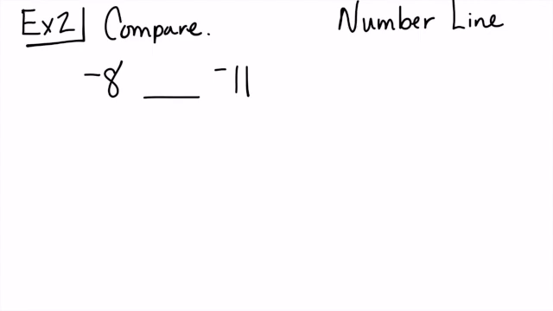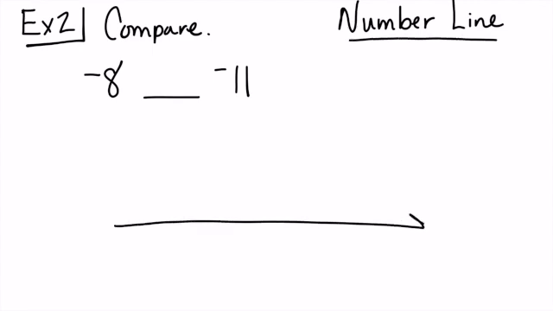So if I have negative 8 and negative 11, I want you to draw a basic number line. Since they're both negative, I'm going to put my 0 here, and I'm only going to go up to 2. But I need to go past negative 11, so that goes backwards.